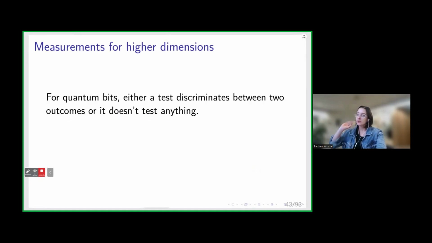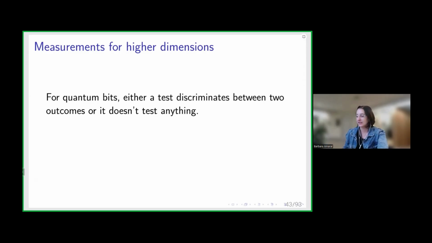Okay. So when you're talking about higher dimensional systems, it's quite different from what we have of a qubit. Because when we have a qubit, the observable has dimension 2. So either the two eigenvalues are different, and then you are distinguishing between two options, or the two eigenvalues are equal, which means that your observable is the identity, and it's not actually measuring anything, okay?